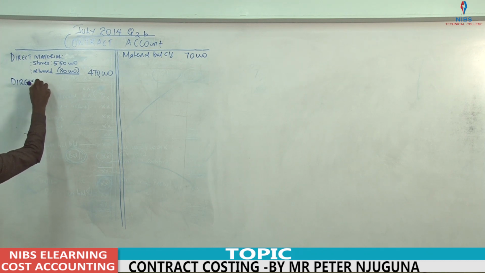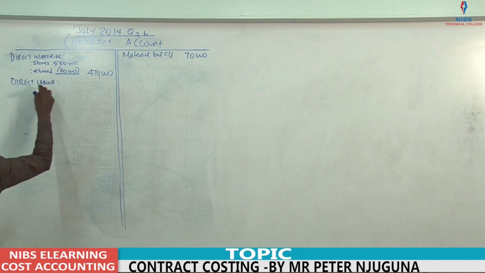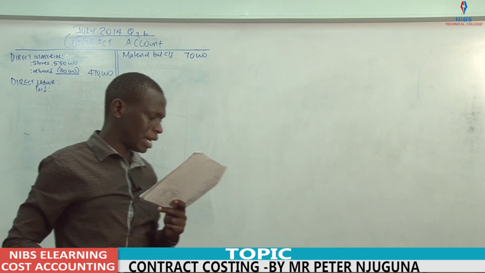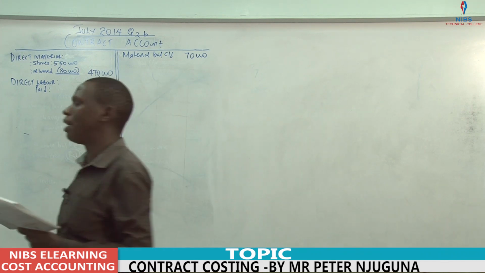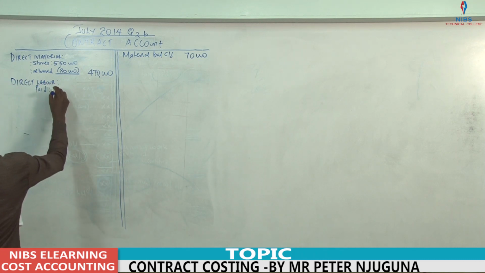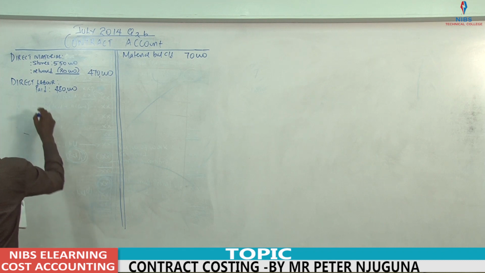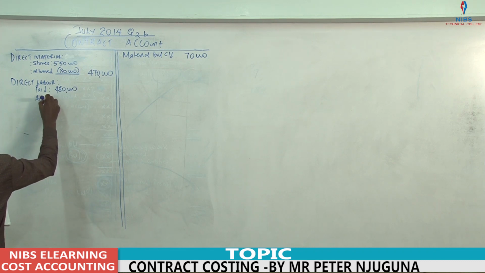Direct labor. How much was paid? The direct labor which was paid was 480,000. Then there was an accrual.